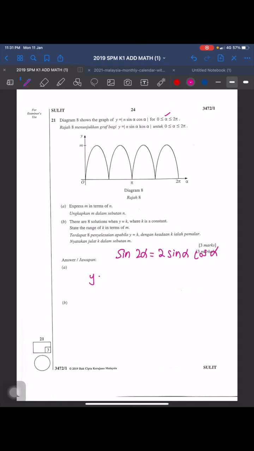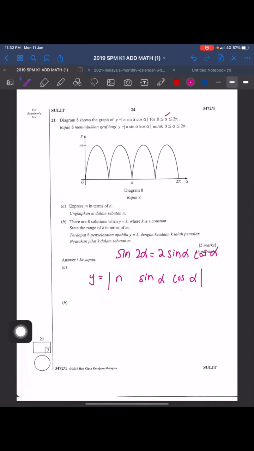So y is equals to n sin alpha cos alpha. Sekarang cuba tengok di sini. Dalam equation yang asal, kita ada 2 di sini. So macam mana saya nak ubah equation kita ni supaya kita boleh jadikan dia seperti yang ini.